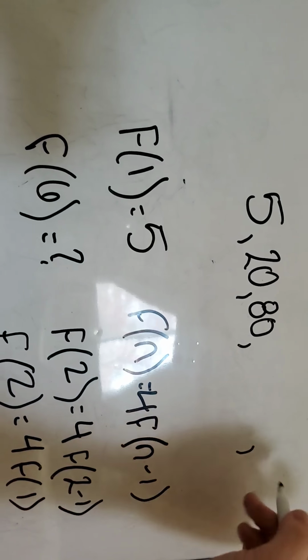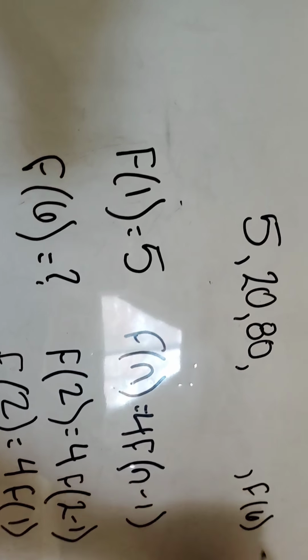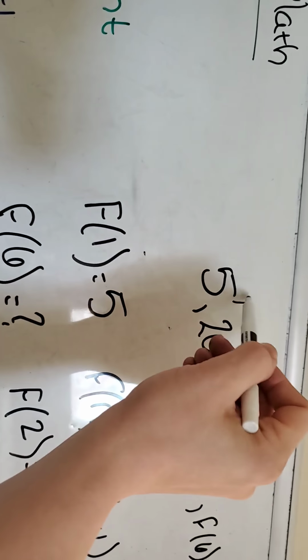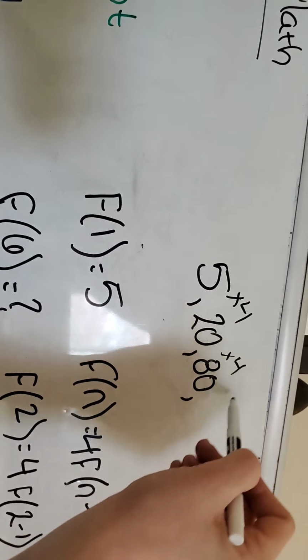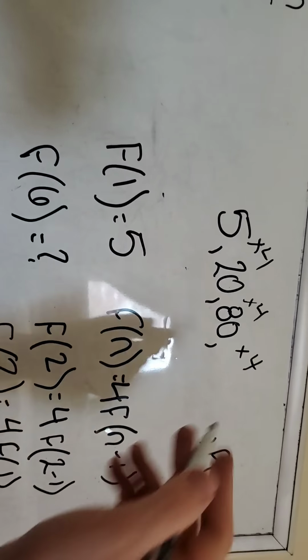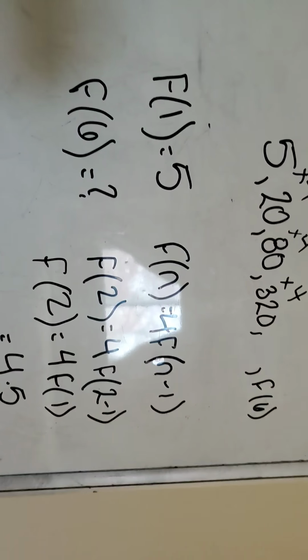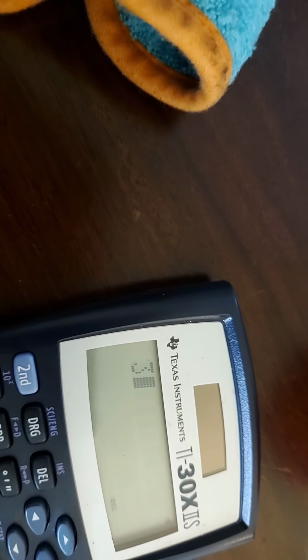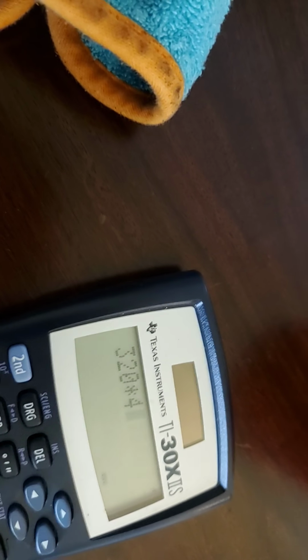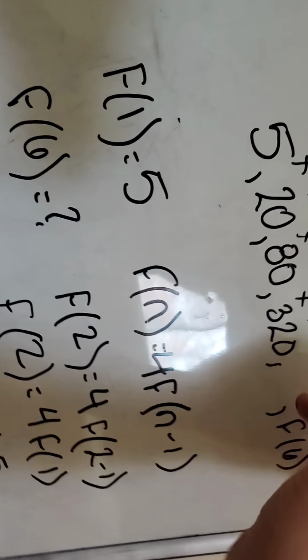That's f of 6. Sorry. There we go. All right, so this is times 4. This is times 4. This is times 4. What is 80 times 4? That's 320. What's 320 times 4? We can just go ahead and do this in here now. 1,280.